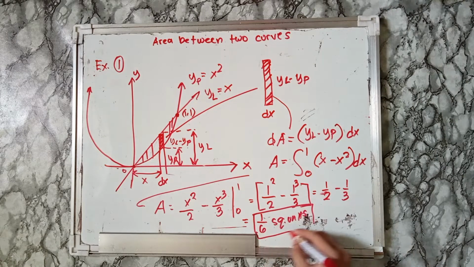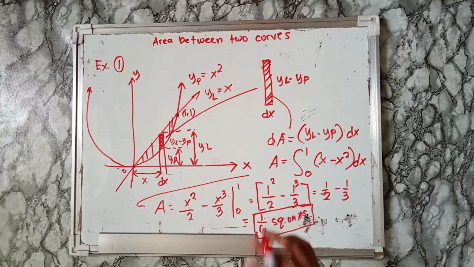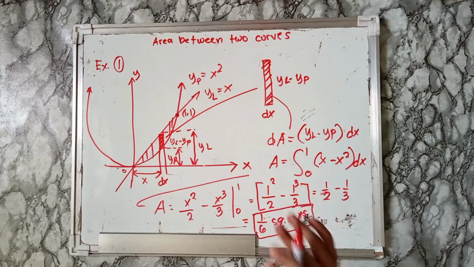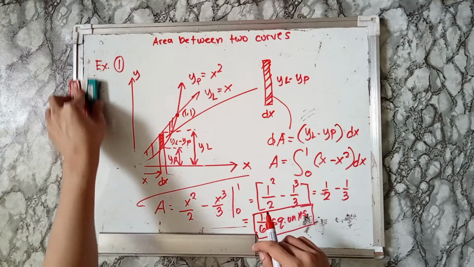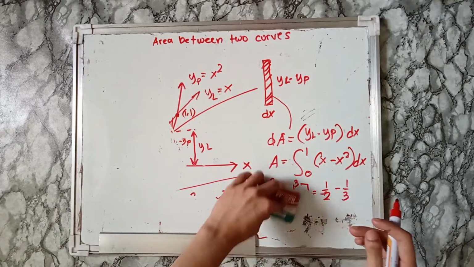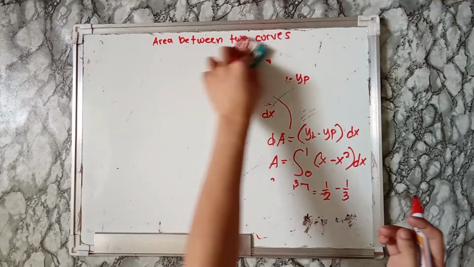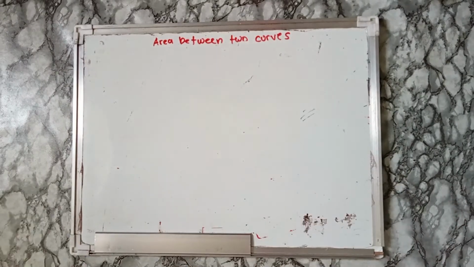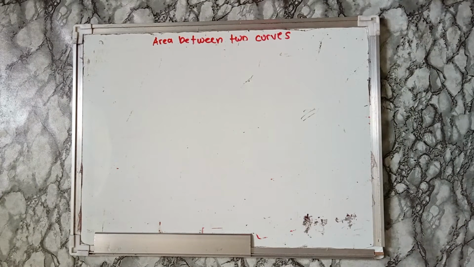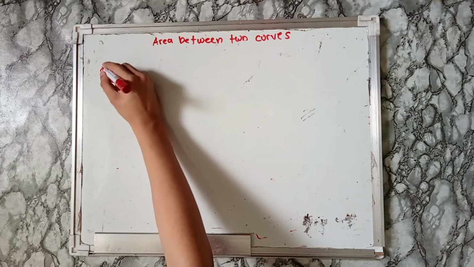So that's how you find the area between two curves. Now let me give you another example. Example number 2.